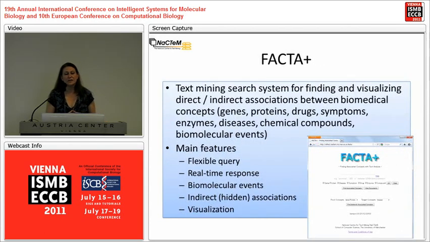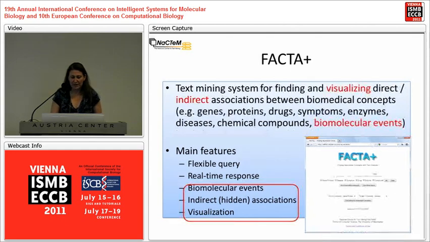So FACTA Plus focuses on six biomedical concepts: genes, diseases, drugs, symptoms, enzymes, and chemical compounds. But it allows you to have flexible queries. It's a real-time response system, which I could have demonstrated if I had had an internet connection.